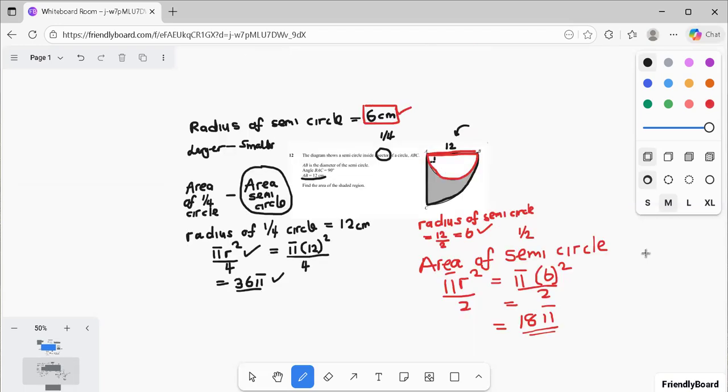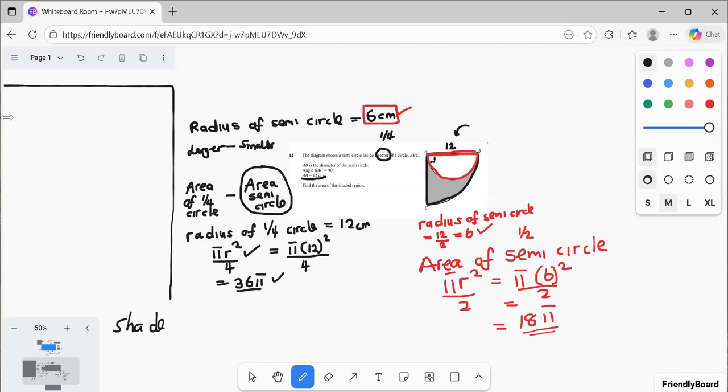Just trying to look for some space where I can write this down. Okay, I think I can do it here. So now the shaded area. Let me just write it here, shaded area, as I conclude on this.